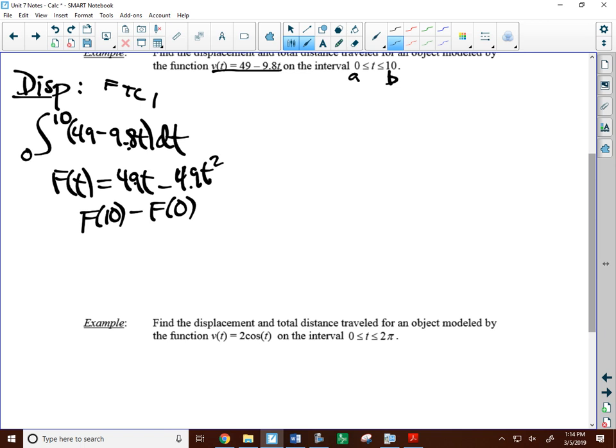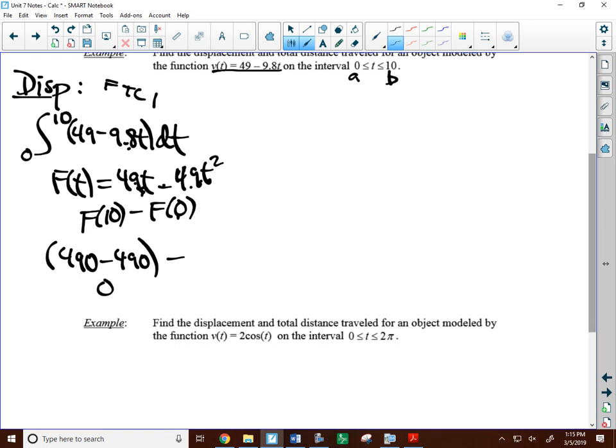I'm plugging in 10 here. 49 times 10 is 490. Minus, still plugging in 10, 4.9 times 10 squared, that's 100. 4.9 times 100, it's also 490. So F of 10 will be 0. Minus, let's plug in 0 now.